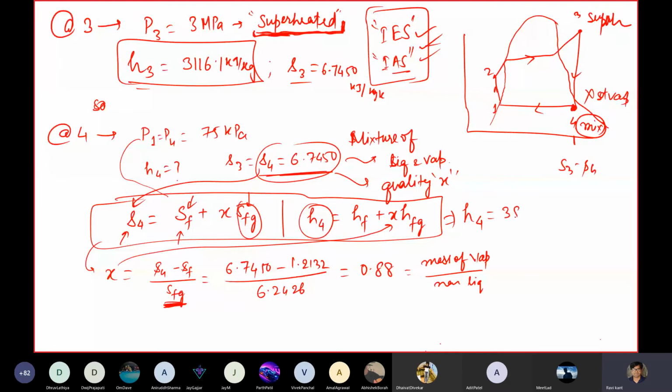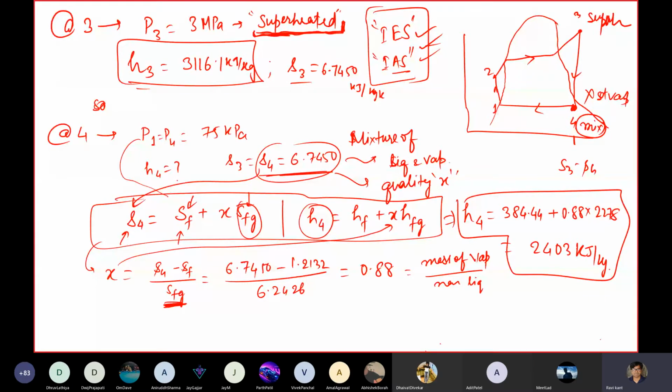So H_f was 384.44, this is the saturated liquid enthalpy, plus the quality, given as 0.88, times H_fg, which can also be taken from the table. So H4 comes out to be 2403 kilojoule per kg.